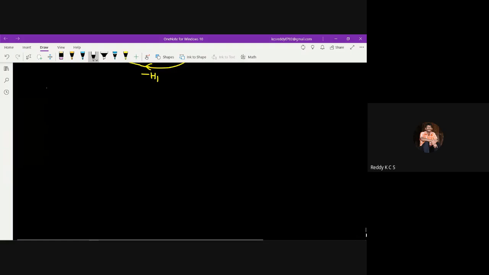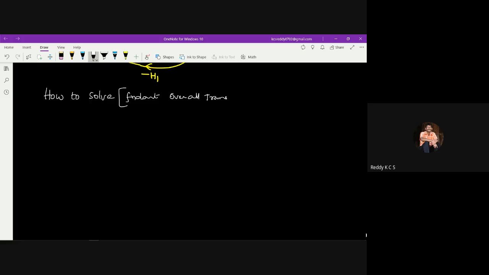Solving means we need to find the overall transfer function of the system, which is represented in the form of a signal flow graph.